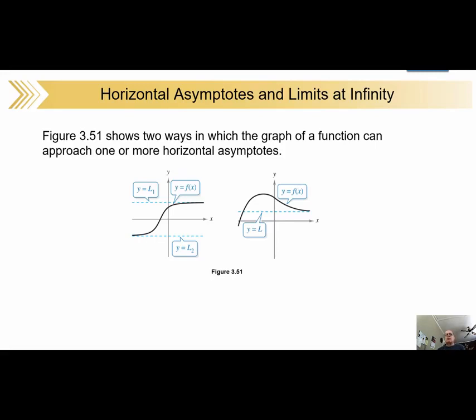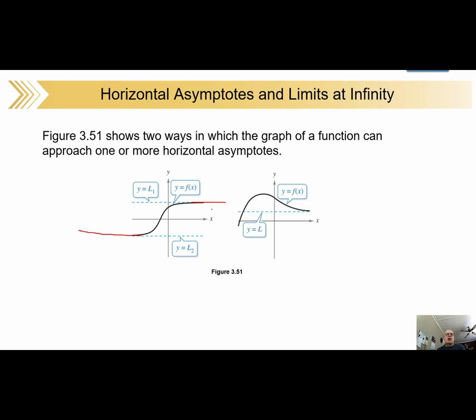Here's an example of two ways you can get horizontal asymptotes. One way is this first one has a horizontal asymptote down below the x-axis, where it's approaching y equals whatever this number is here. And to the right, it's approaching some number up here.